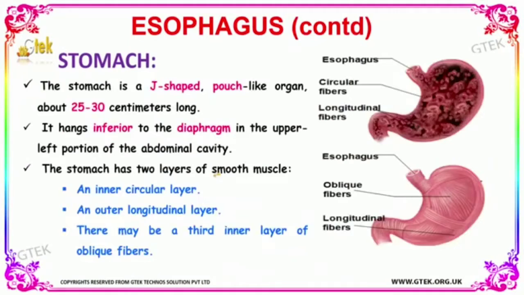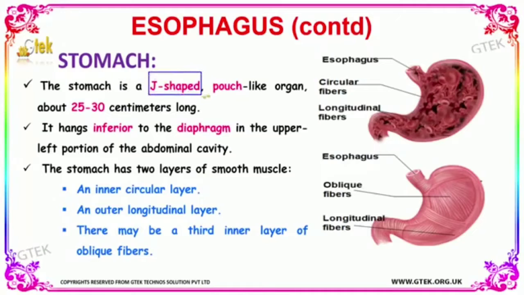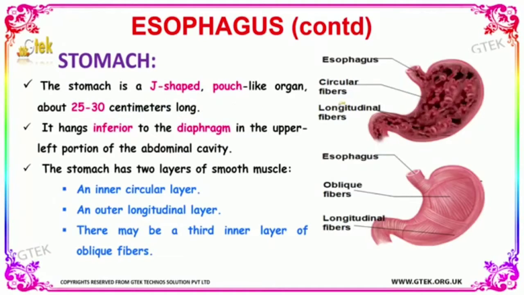Next we are going to study the stomach in detail. Your stomach is J-shaped, a pouch-like organ about 25 to 30 centimeters long, and it hangs inferior to the diaphragm in the upper left portion of the abdominal cavity.